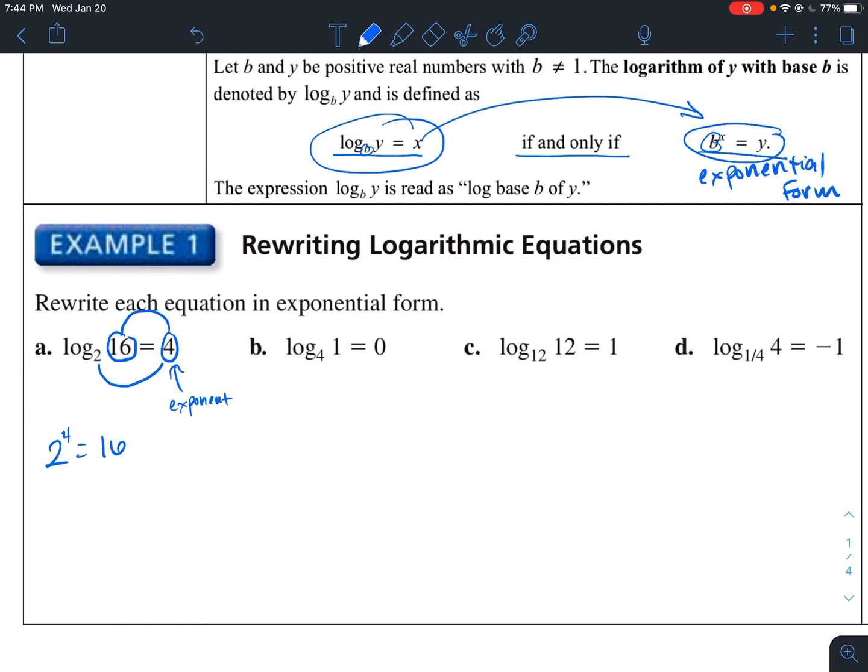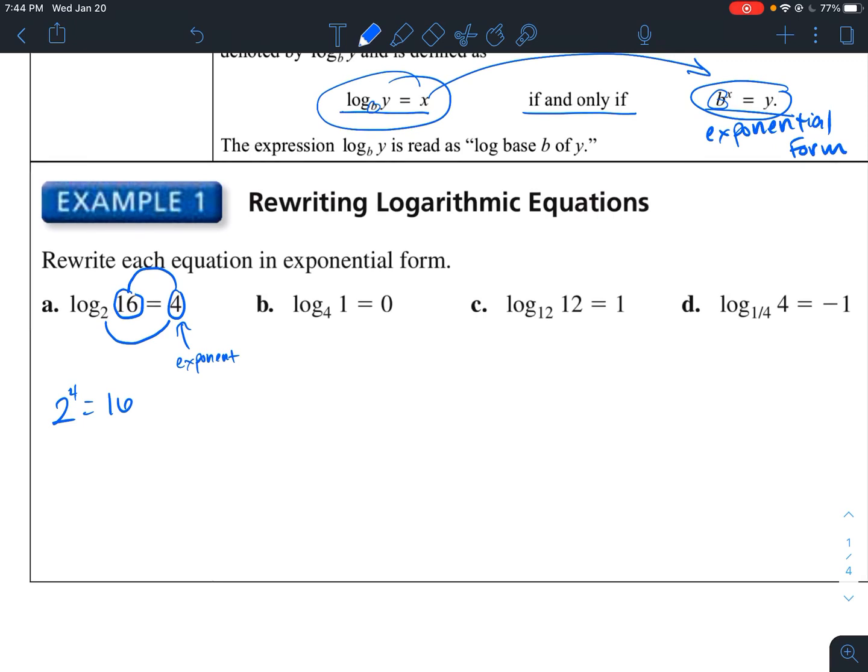So I'm going to continue on. Here, this is the base, so it's going to be 4 to the 0 power is equal to 1. And remember that anything to the 0 power is equal to 1.